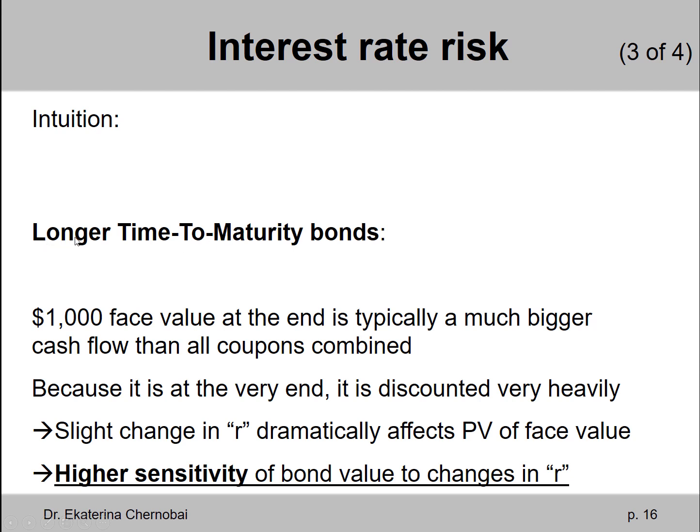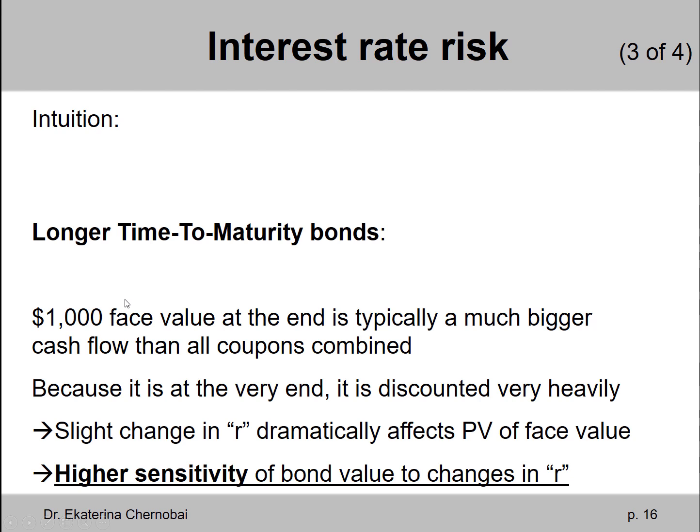So consider a longer time to maturity bond. If it's, let's say, a 20-year bond or a 30-year bond, which will see coupons being paid over 20 or 30 years, right? Then the $1,000 face value is at the very, very end of this long time period, right?